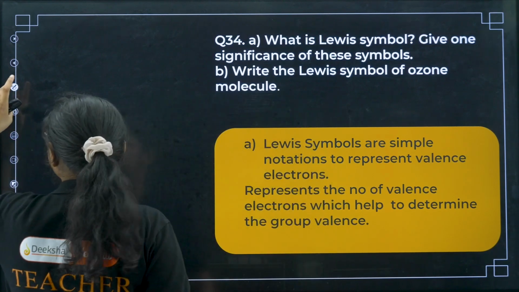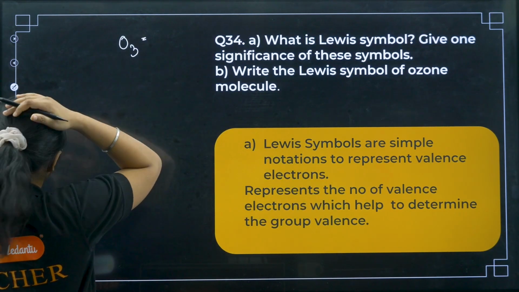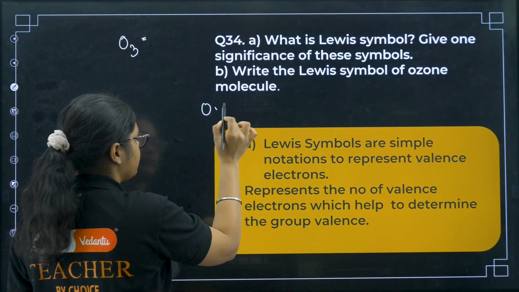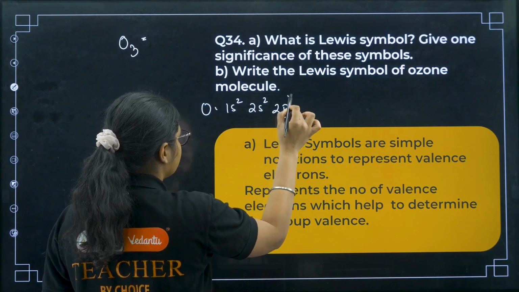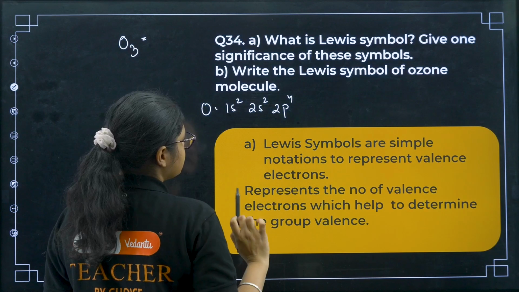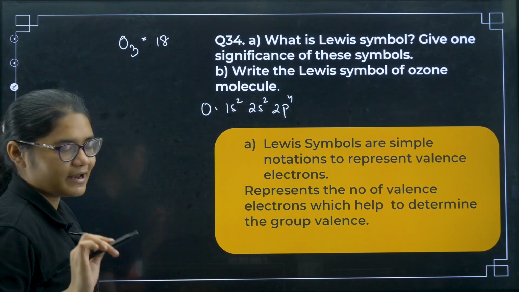Now coming to the Lewis structure of ozone. If you want to see ozone, we have 3 oxygen. What's the valence electronic configuration of oxygen? You can write it like this: 1s2, 2s2, 2p4. So each oxygen has 6 valence electrons. So total 6 into 3, there are 18 valence electrons.